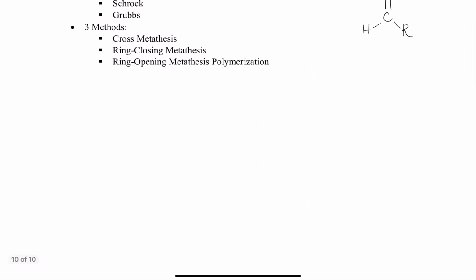For cross metathesis, that's an example that I should have kept up there. Cross metathesis, let's say we have alkyl groups.